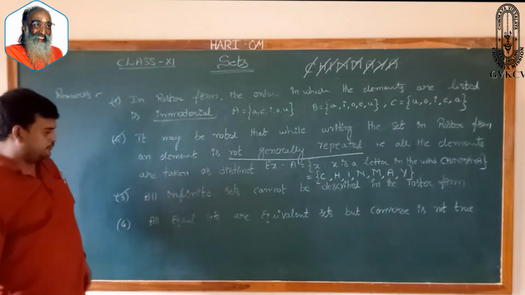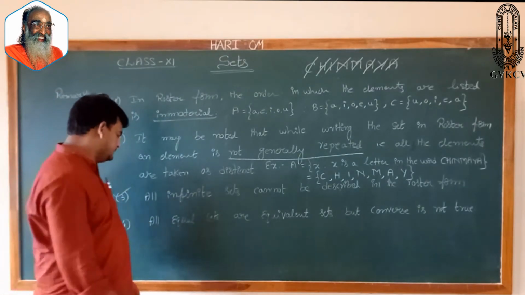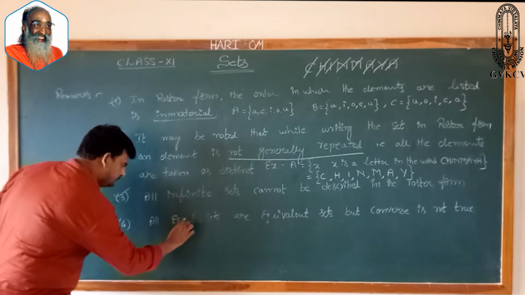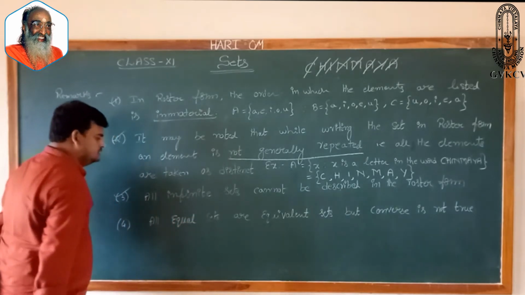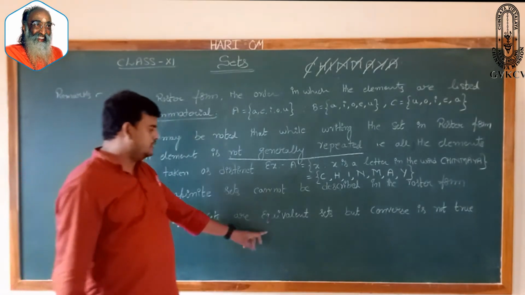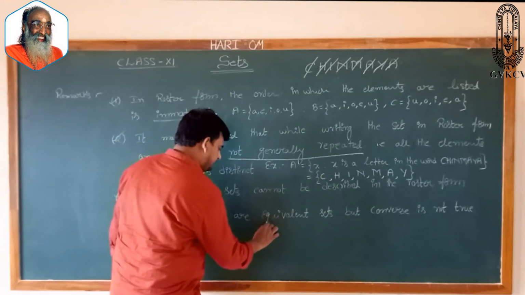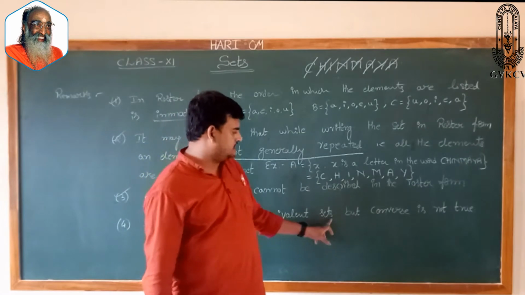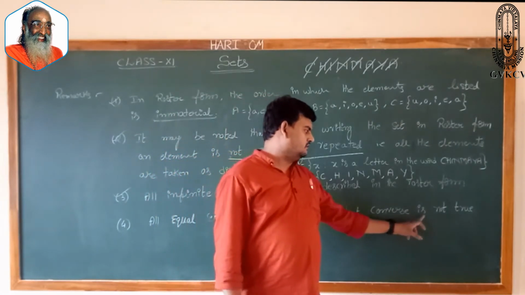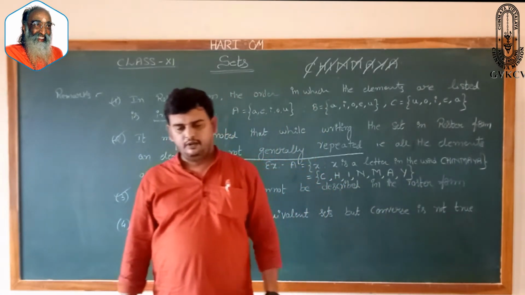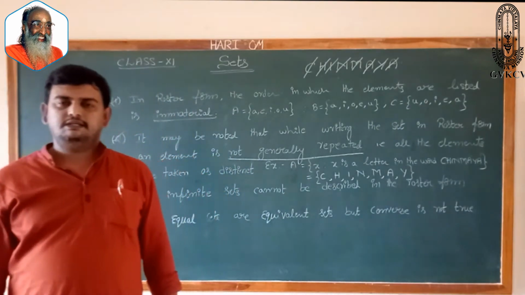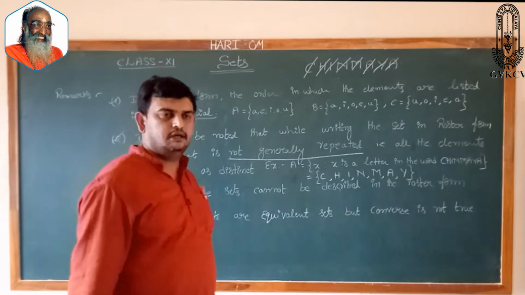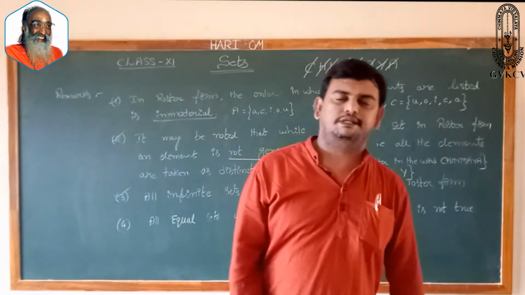Now point number 4. All equal sets are equivalent sets, but the converse is not true. In our previous class, we had a discussion about what equal sets and equivalent sets are.